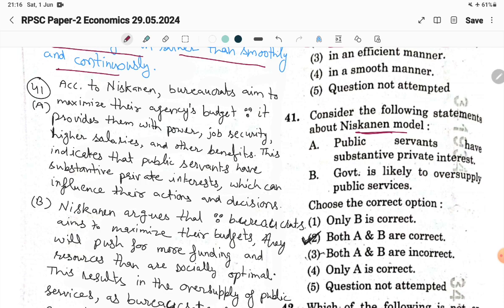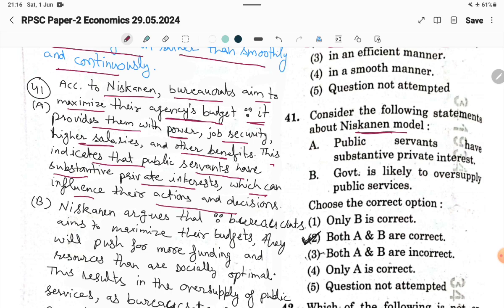According to Niskanen, bureaucrats aim to maximize their agency's budget because it provides them with power, job security, higher salary, and other benefits. This indicates that public servants have substantive private interest which can influence their actions and decisions. So the first option is right, because public servants have substantive private interest, which is job security, power, and higher salary.